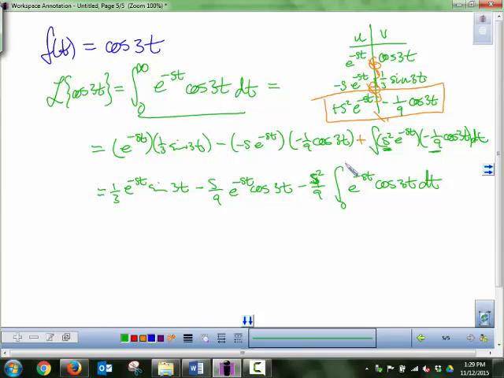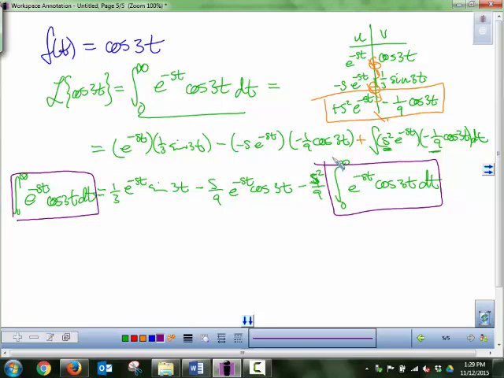If we include the limits, add it to the other side. So these two are exactly the same.